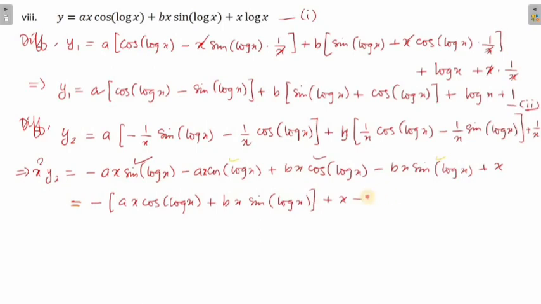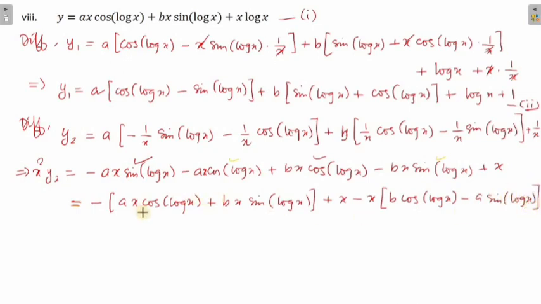So take x common, then this becomes b cos log x, minus we are left with a sine log x. Okay, so that's what we have now.